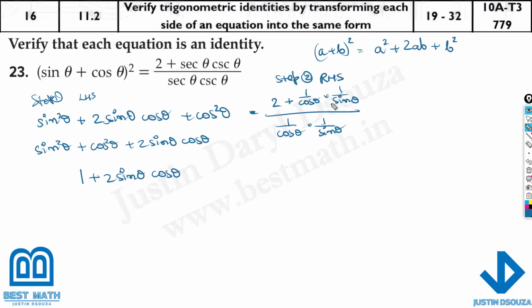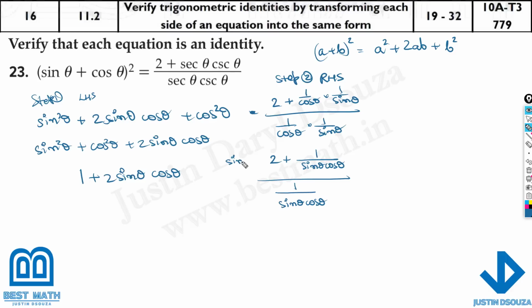Now here what we can do is, we can find the common denominator, we can just write it up together, 2 plus 1 by sine theta cosine theta. Now what about this below 1? Same thing, it'll be 1 by sine theta cosine theta. But here this is the problem. This denominator, we need to get it as common, but it doesn't have anything. So multiply this up and down.